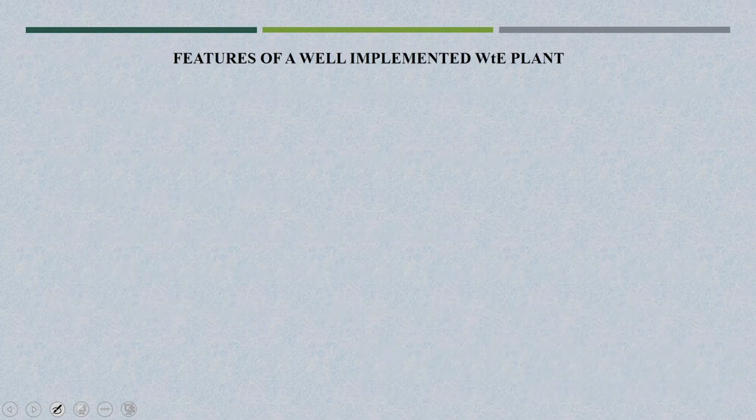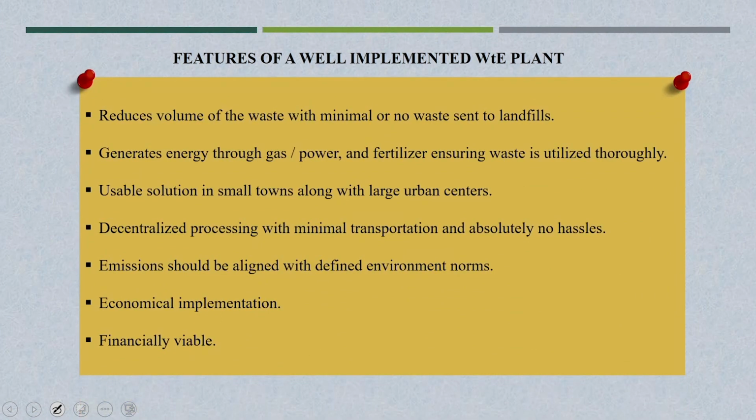Now, the features of a well implemented waste to energy plant. I think this is our last slide. What features should well implemented waste to energy plants have? A reduced volume of waste, with minimal or no waste sent to the landfill.